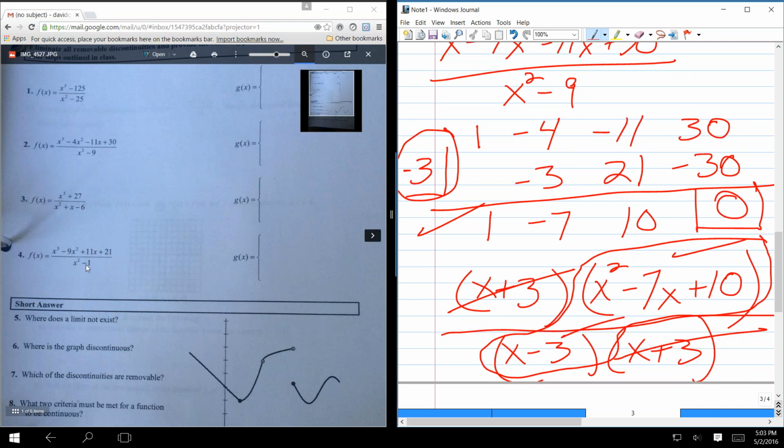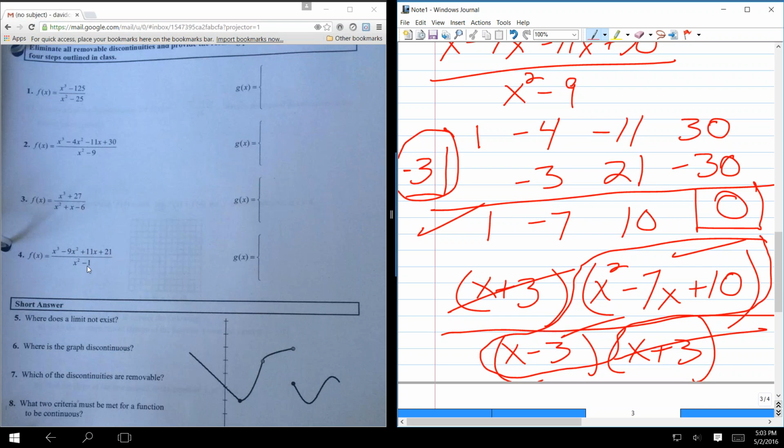And on the bottom, use a similar strategy that we used on number 2 for number 4. You're going to have a hard time factoring the numerator. But know that one of the factors is going to be either x minus 1 or x plus 1, almost certainly, because that's what the denominator factors into.